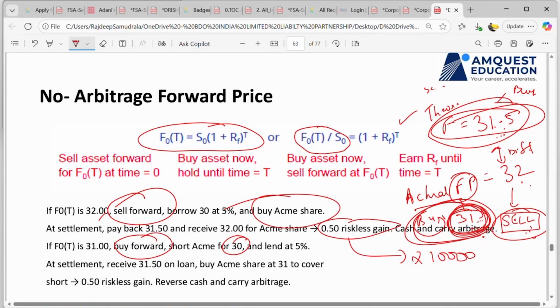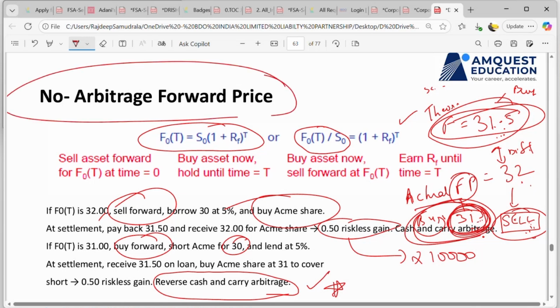What I bought and then sold is cash and carry, and if I sold it and then bought back, it's called reverse cash and carry. So two types of arbitrage: cash and carry arbitrage and reverse cash and carry arbitrage. Clear? And learn the terms. And remember, cash and carry arbitrage is the arbitrage that helps you to find out what is the no arbitrage forward price. Clear?